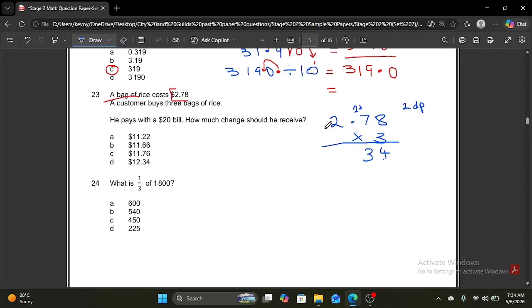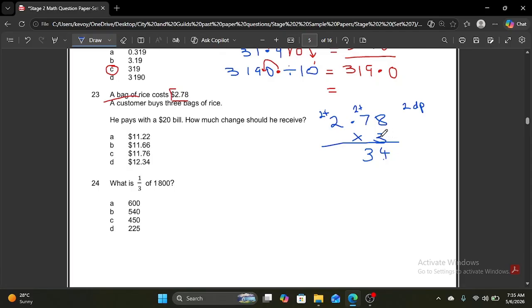So remember, I should put the plus 2 right here, because I multiplied 3 times 7, which is 21, plus 2 is 23. So I put a plus 2 right here.